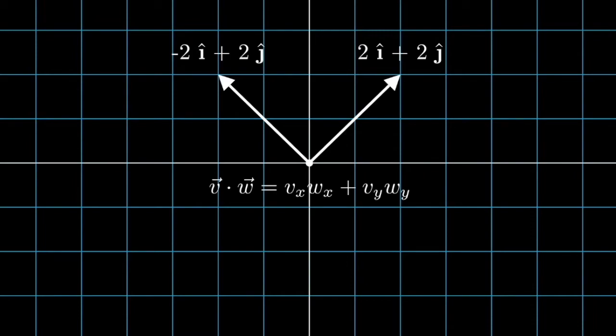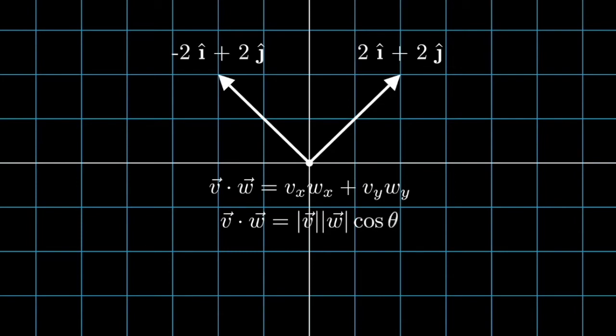Another way of writing the dot product is equal to the norm of each vector multiplied by the cosine of the angle between them. Here, theta is the angle between the two vectors. So if two vectors are parallel, the angle between them is 0. Since the cosine of 0 is 1, then the dot product is just their norms multiplied together.